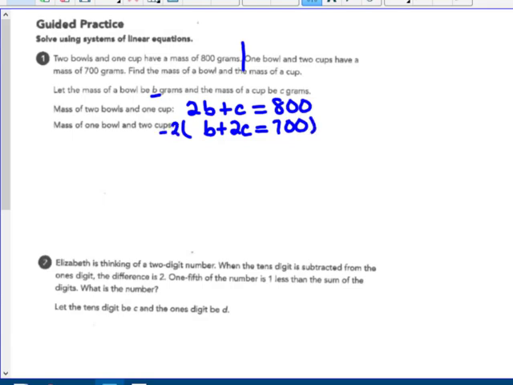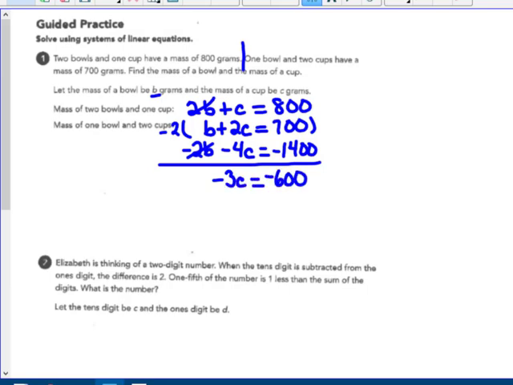And get the b's to go away. So -2b's, -4c's, and -1,400. So my b's cancel, and I get -3c's equals -600. Well, dividing by -3 on both sides, I'm going to get that the cups must weigh 200 grams, right? So how much does a bowl weigh?